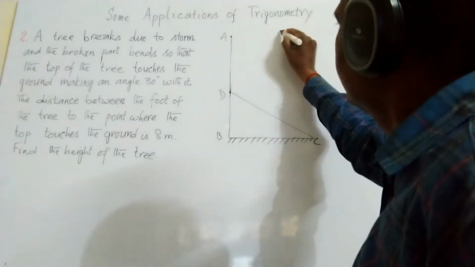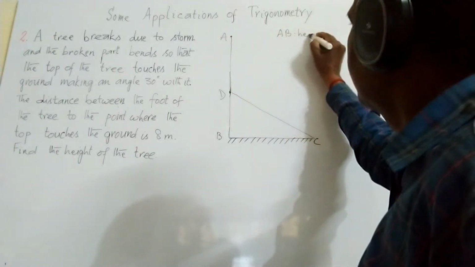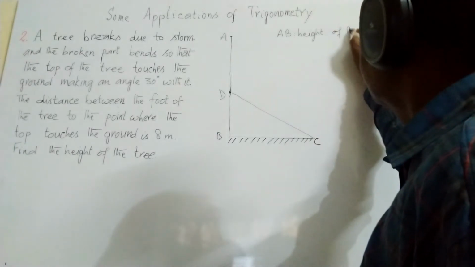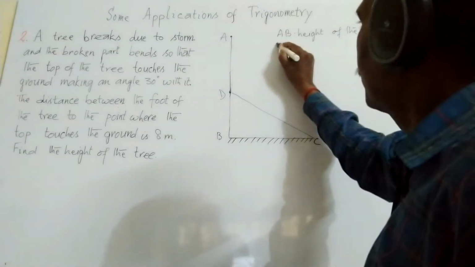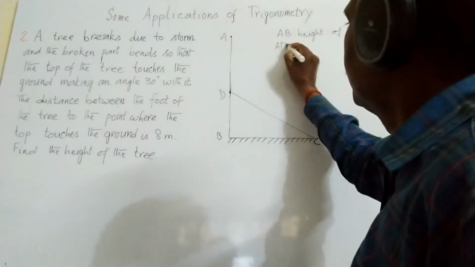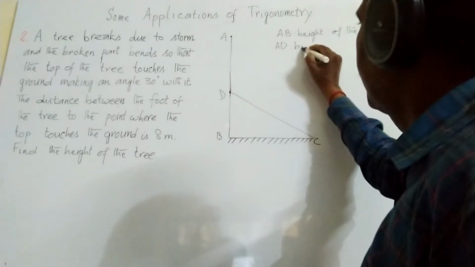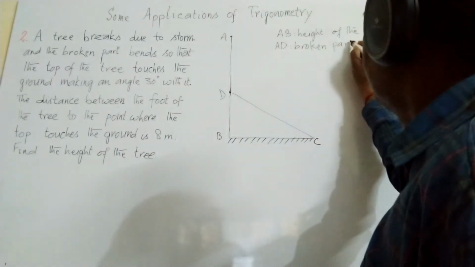Write down like this: AB is the height of the tree. AD is the broken part of the tree.